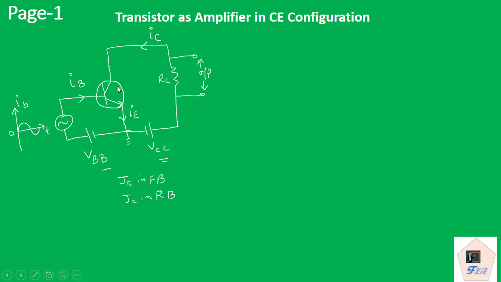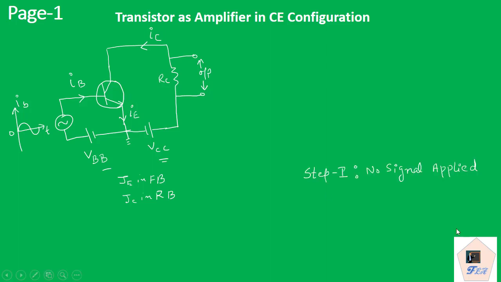So it will act like a rectifier, and the purpose of the transistor will not be solved. So that is why we are providing this bias voltage, making sure that JE is always in forward bias and JC is in reverse bias condition. Otherwise, it will upset the objective of the transistor operation.